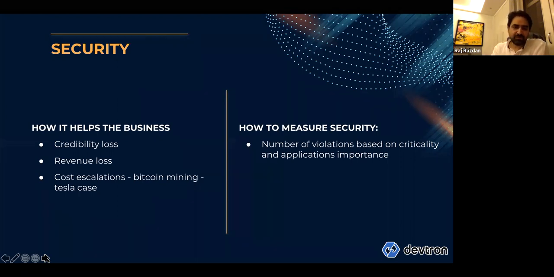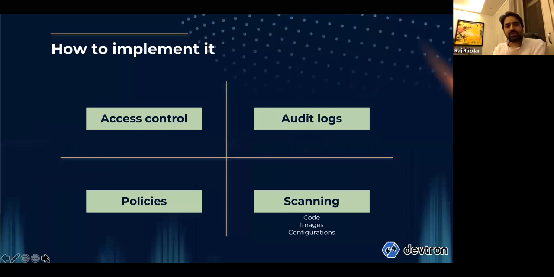from a certain solution. So there are four things that we do to implement access control. We have all kinds of RBACs to do access control. There are audit logs available literally from every point of action that you take on the Devtron platform.